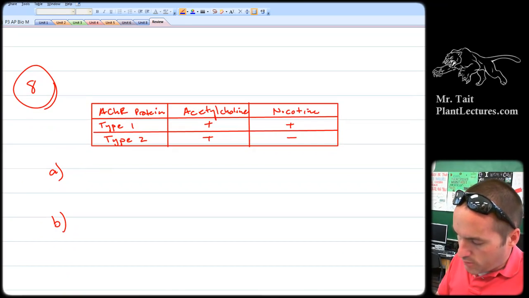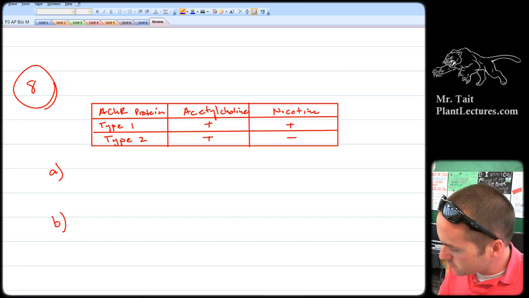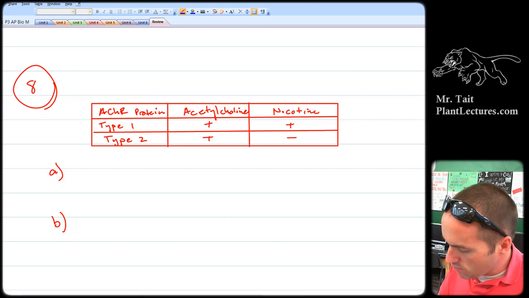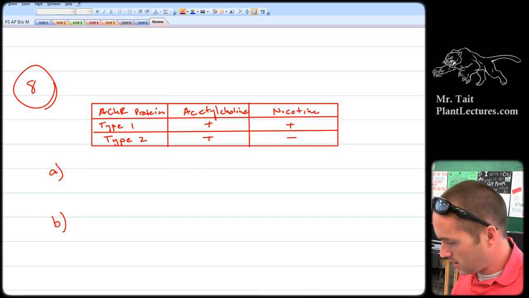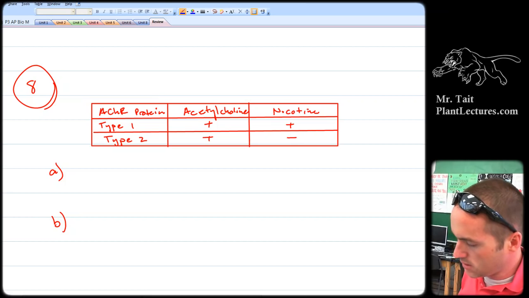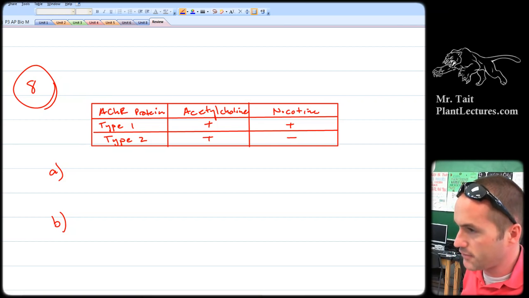And then for question 8, it's talking about acetylcholine. Describe the difference in structure and function between ACHR type 1 and acetylcholine receptor type 2. Well, you can see that type 1 is going to respond to both acetylcholine and nicotine, and type 2 only to acetylcholine. And so we can assume that the binding sites are different shape.